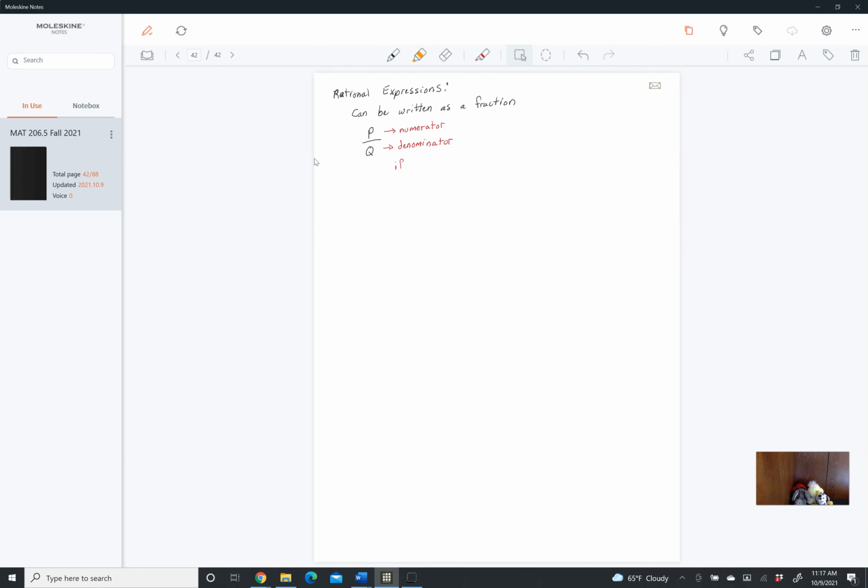And if Q equals 0, the fraction is undefined. If P equals Q, the fraction is equal to 1.